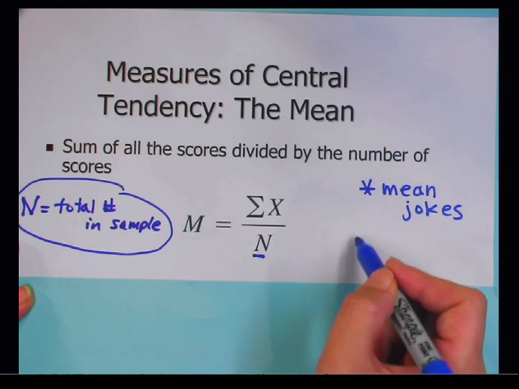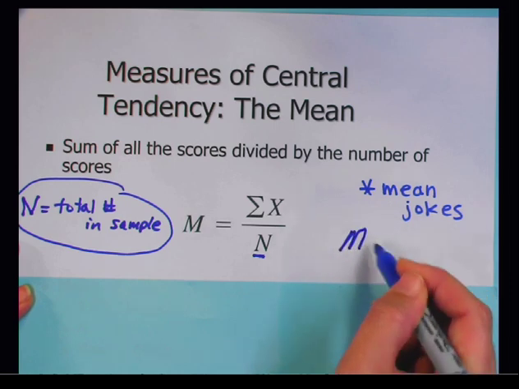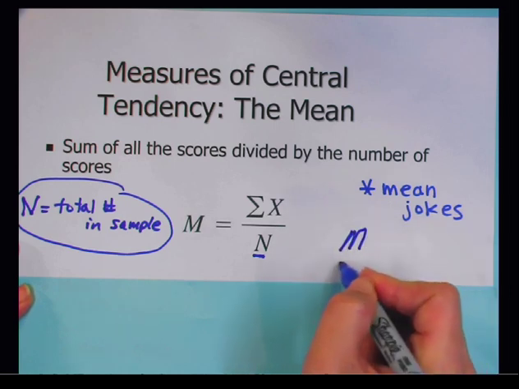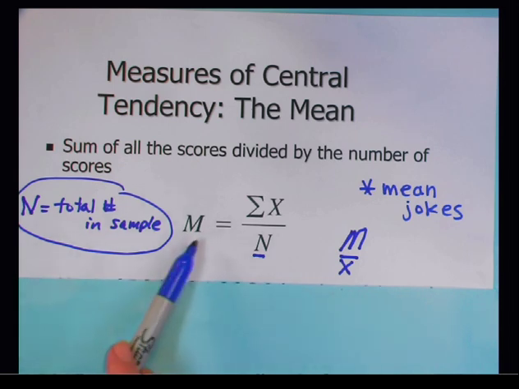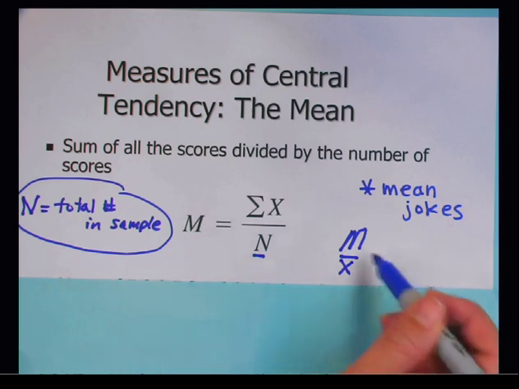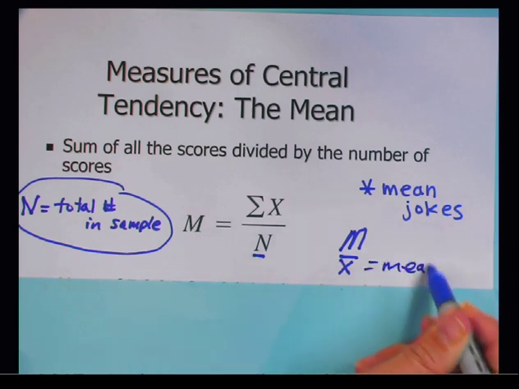In psychology, they often use M for the mean or X bar. Okay? X bar. You'll see X bar in mathematics, so it's important to know the notations for different fields, because when you're reading literature, it won't always be the same. So the book uses M, but X bar means the same thing as mean.